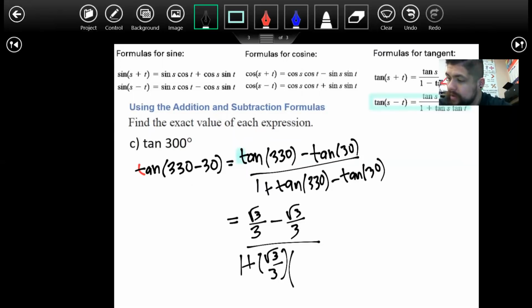Why is it so weird? Maybe one of them is negative. Am I messing this up? Tangent of 330. Oh yes, this one has to be negative, and this one has to be positive. This will give us rad 3.